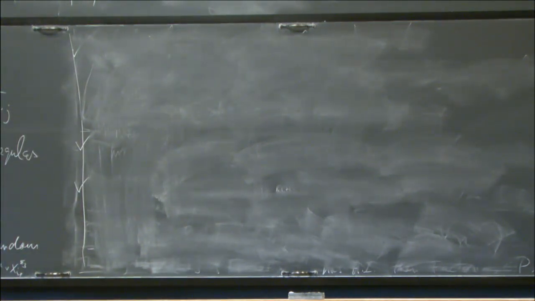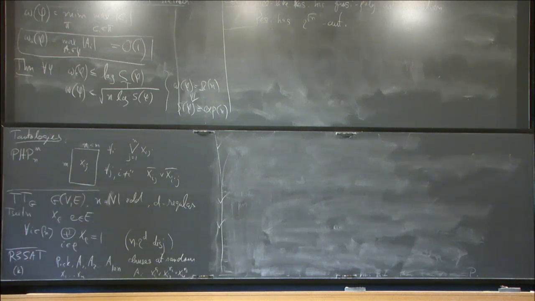Now I'm going to show you how simple all these lower bounds are that I erased from the board: the exponential lower bounds on resolution proofs for all these three tautologies.